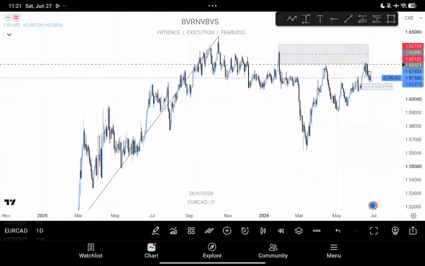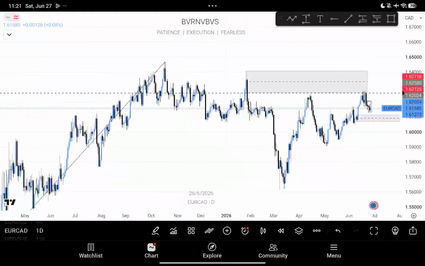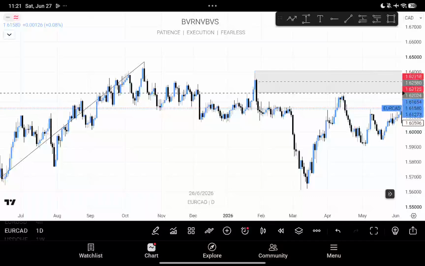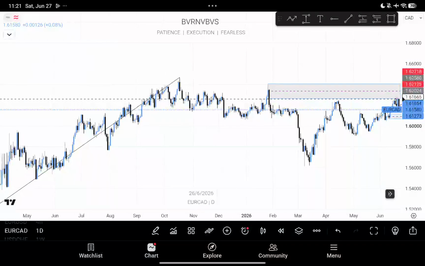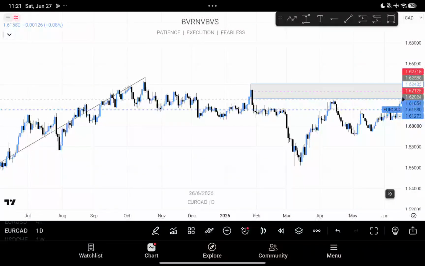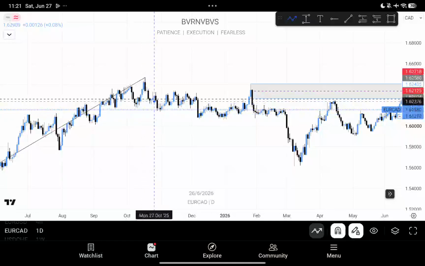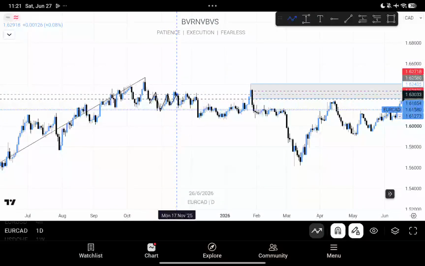Then it got to this high. Market started consolidating. This is on the daily time frame, mind you. So if you notice a consolidation at this point, higher highs and higher lows, and just a consolidation.